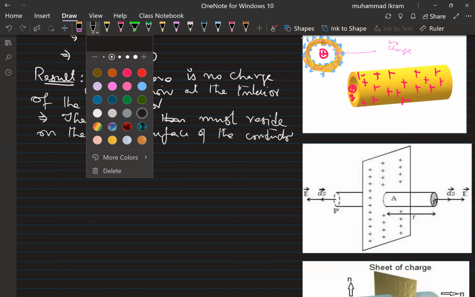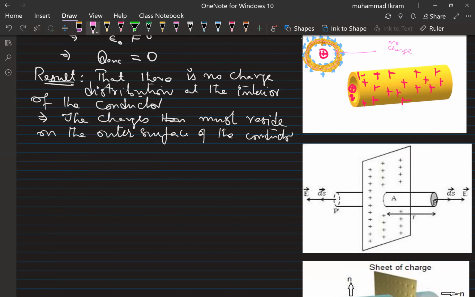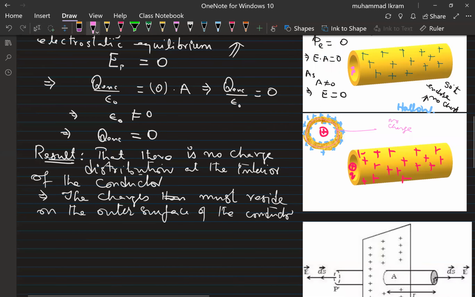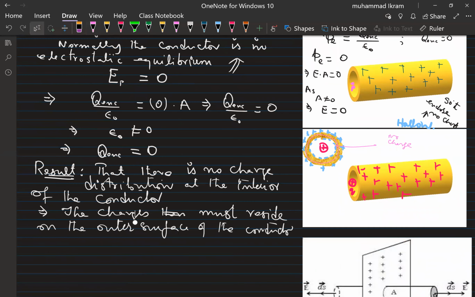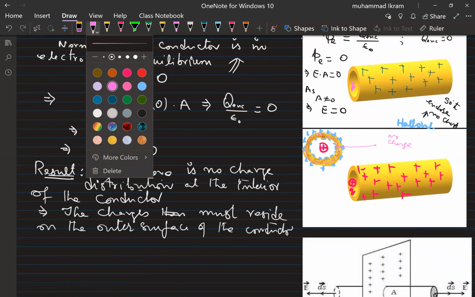Electric field intensity due to an infinite sheet of charge.